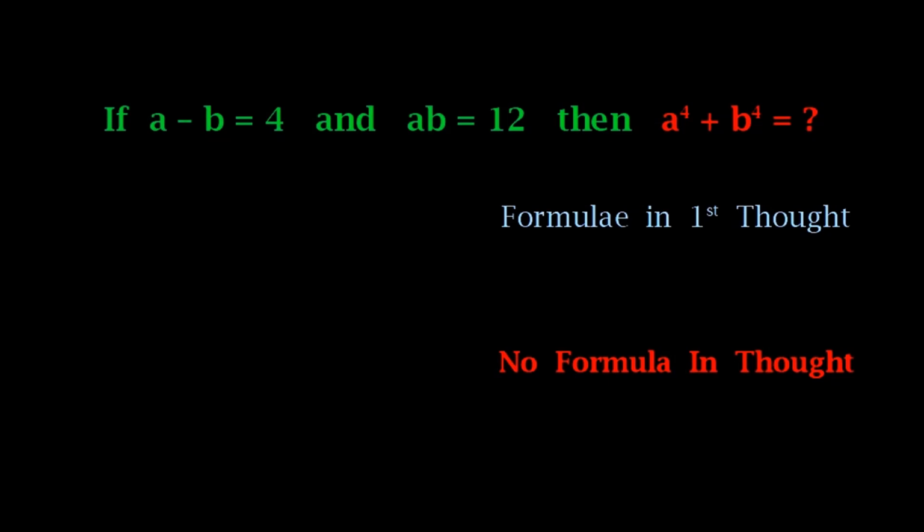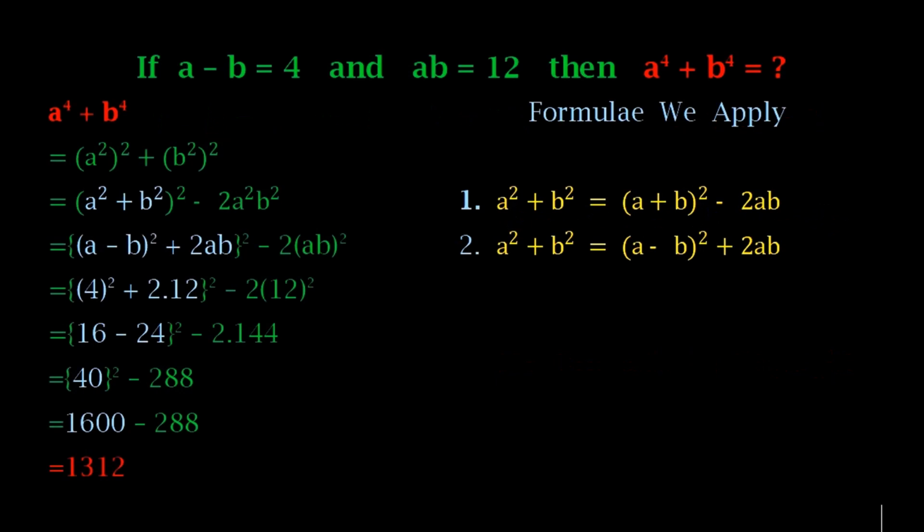And the same thing happens: no formula or corollary appears at first. So let's see on the next slide what's going to happen. This problem is almost the same as the previous one, with slight changes. In the previous problem, we applied the corollary a square plus b square is equal to (a plus b) whole square minus twice ab.